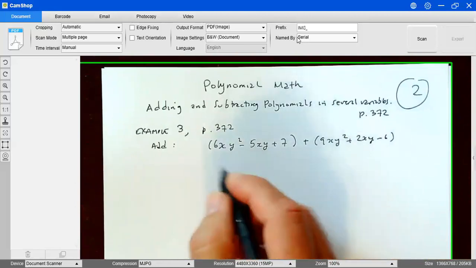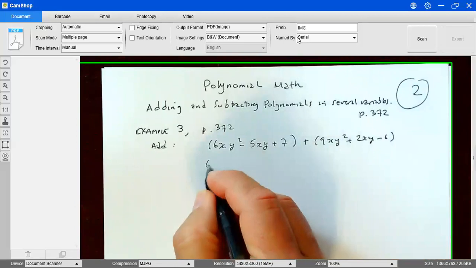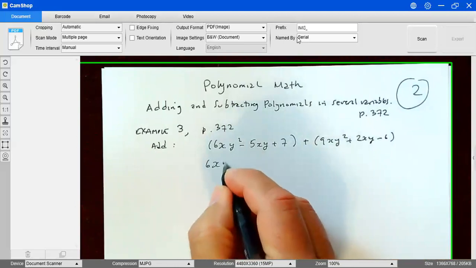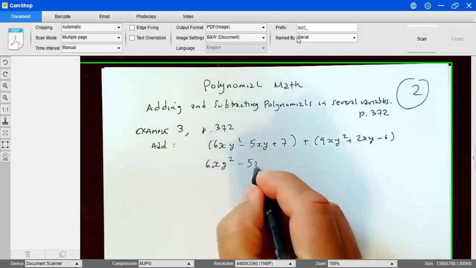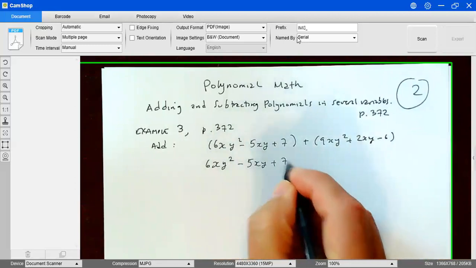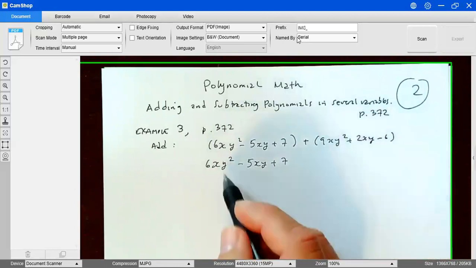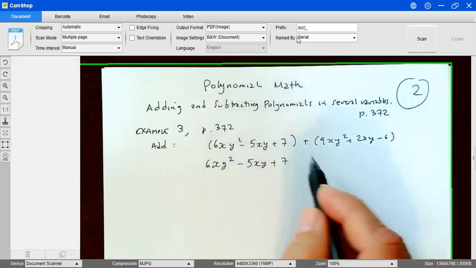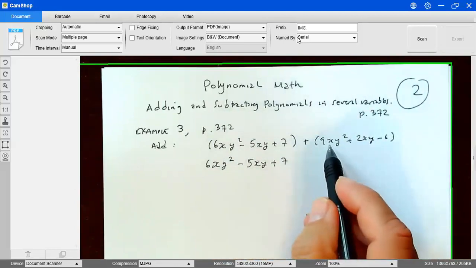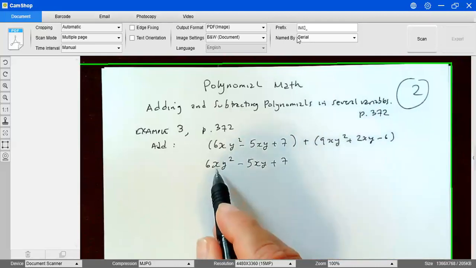So I'm going to remove parentheses first. So I'm going to write 6xy squared minus 5xy plus 7. And then I'm going to align the corresponding terms, the like terms, on the same column. So I have here xy squared. I have here xy squared.